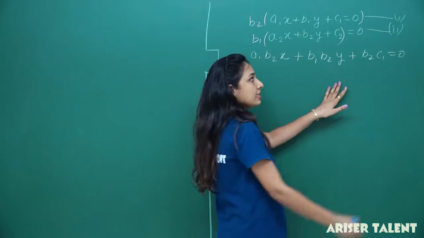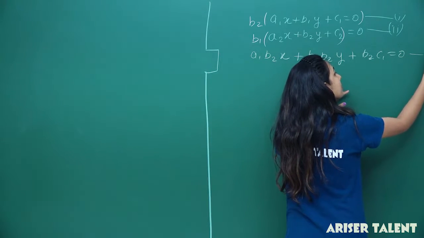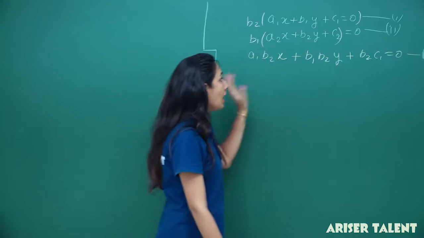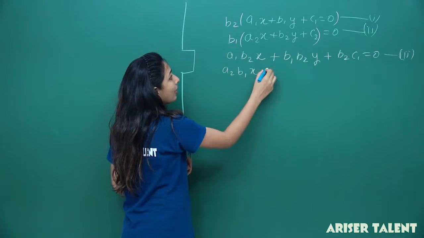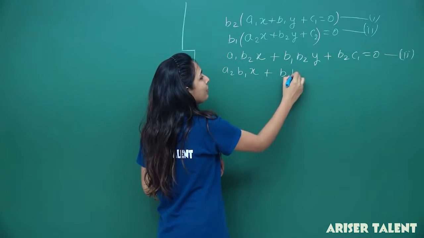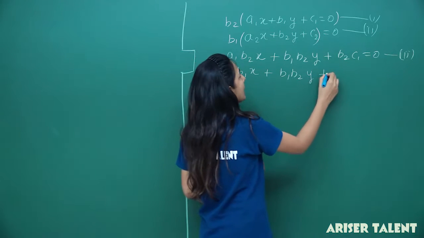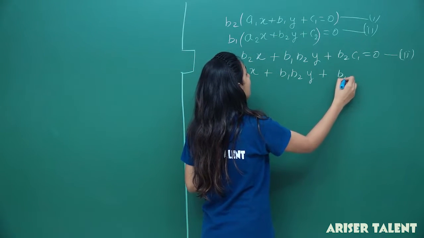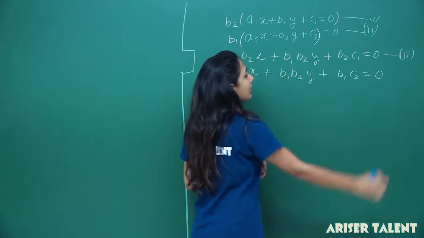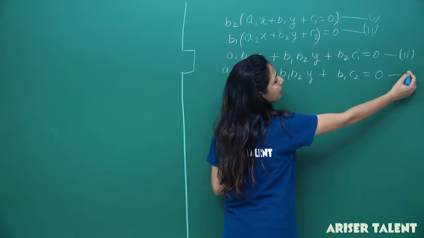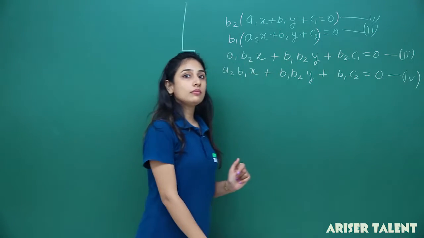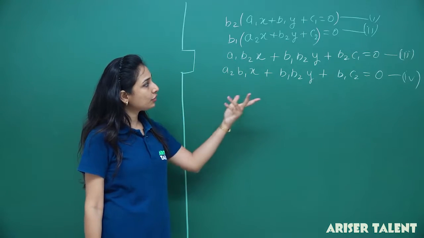This is my equation number 3. Now that will be a2 b1 x plus b1 b2 y plus b1 c2 equals 0. This is my equation 4.